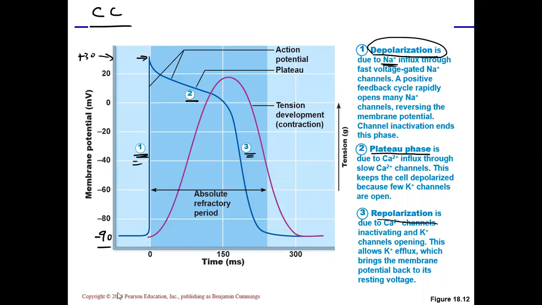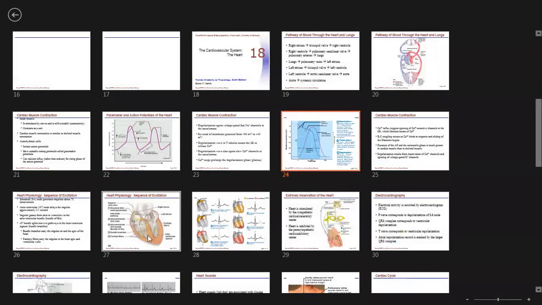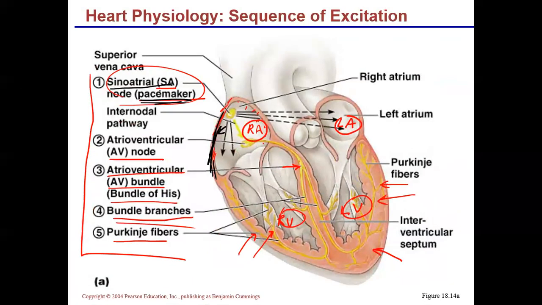What did we accomplish? Let's take a look again. We started at the autorhythmic cells, the yellow SA nodes and the AV nodes and such. And then we spread them throughout via the gap junctions or intercalated discs. They are communicating with the myocardium, making up the mass of the atrium as well as the ventricle, more of the ventricle obviously, but one by one, the electrical impulses can travel through them.